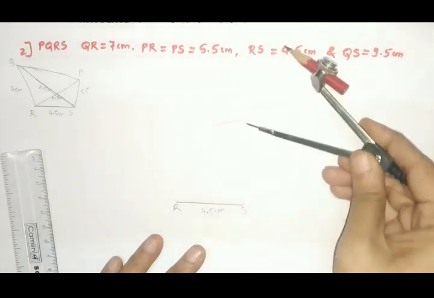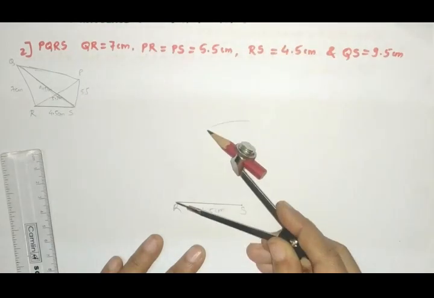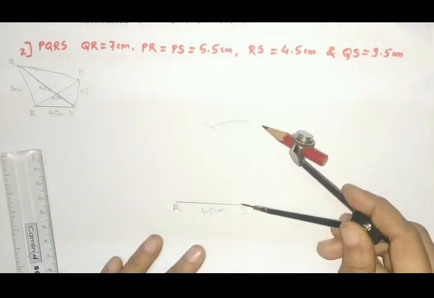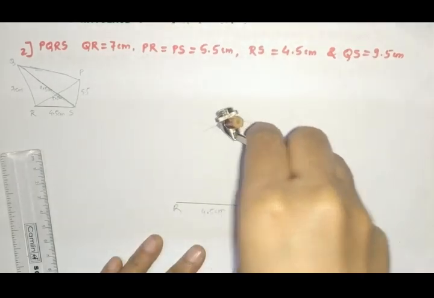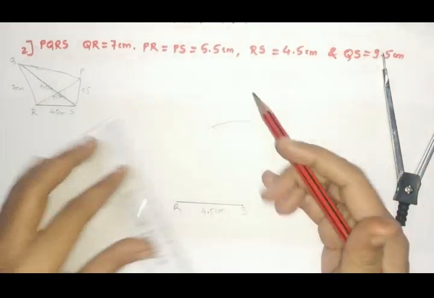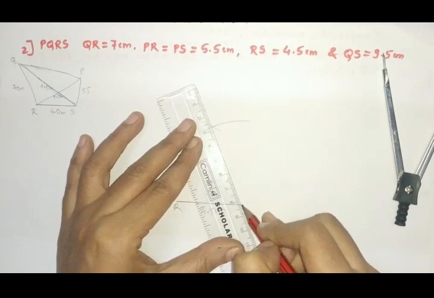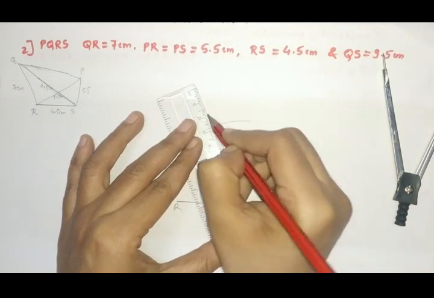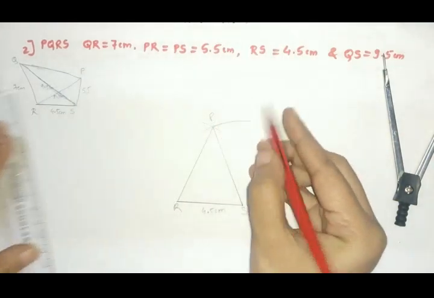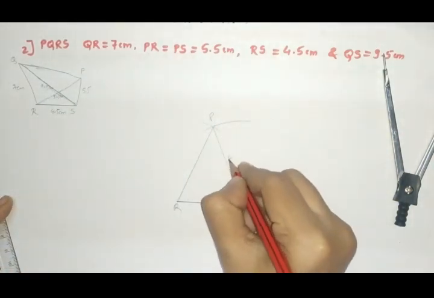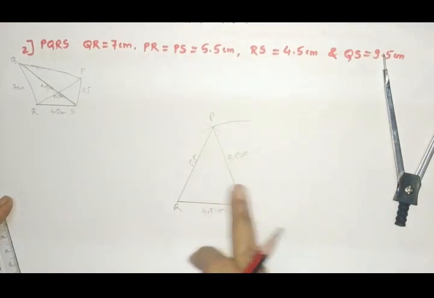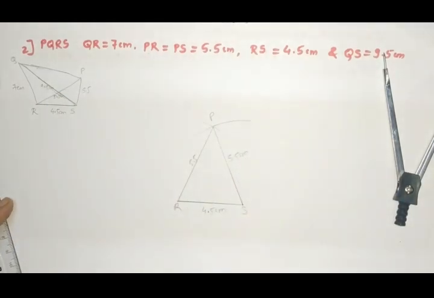This is SP, and in the same way P to R also, so from here you will cut this arc, because the distance from P to R and P to S is the same. So you got point P. This is PS and this is PR. They both are the same, 5.5. So this is the isosceles triangle we got.